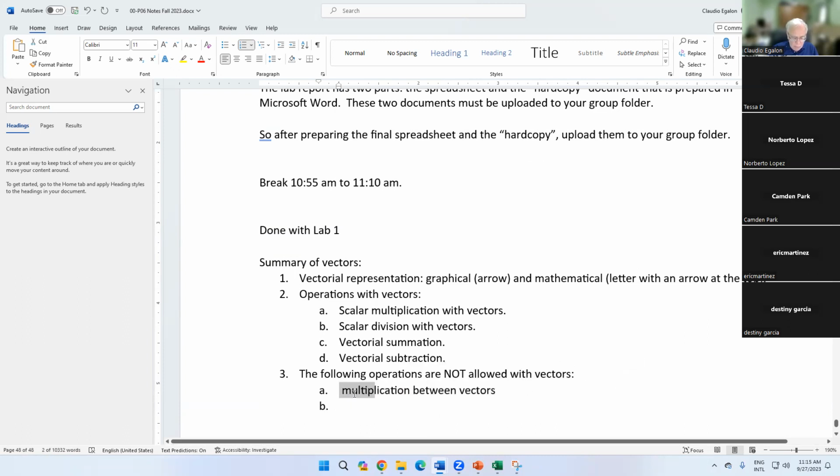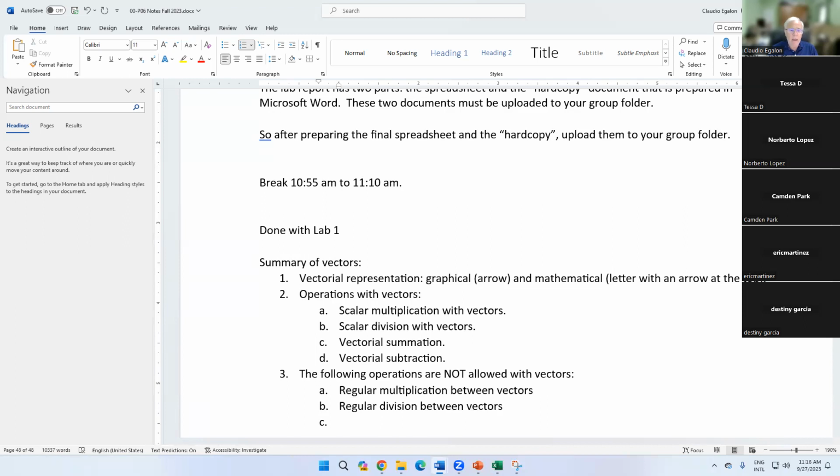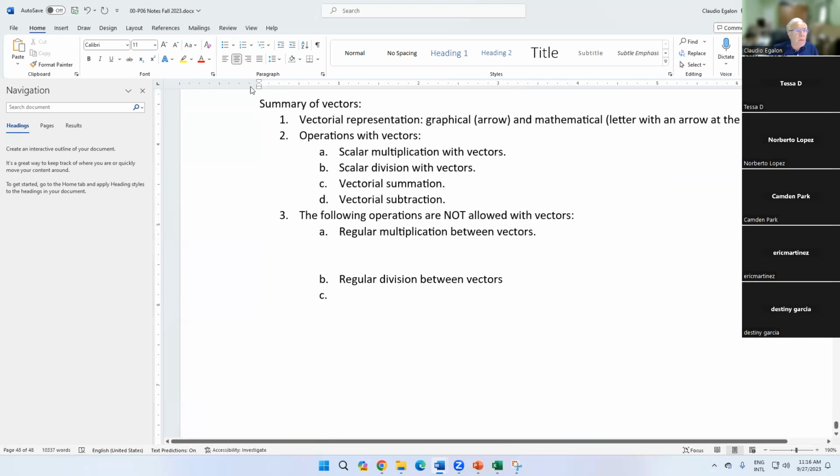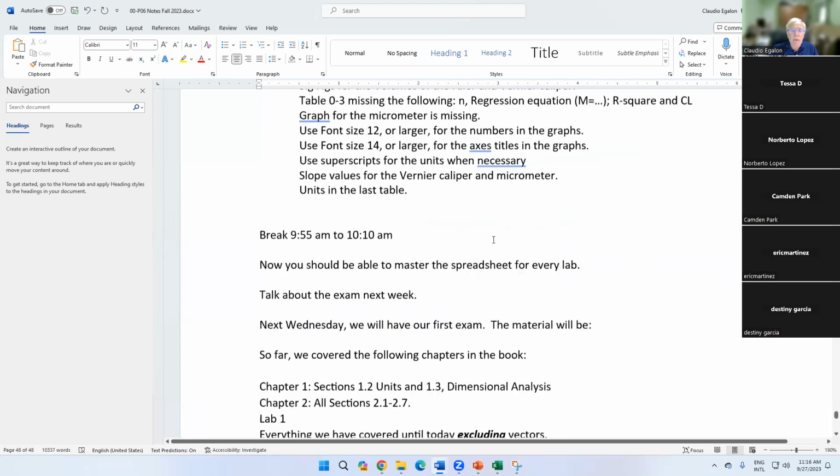Regular multiplication between vectors. It's possible to multiply vectors, but it's not going to be a regular multiplication. It's going to be a different type of multiplication. So what do I mean by regular multiplication? I mean the following.